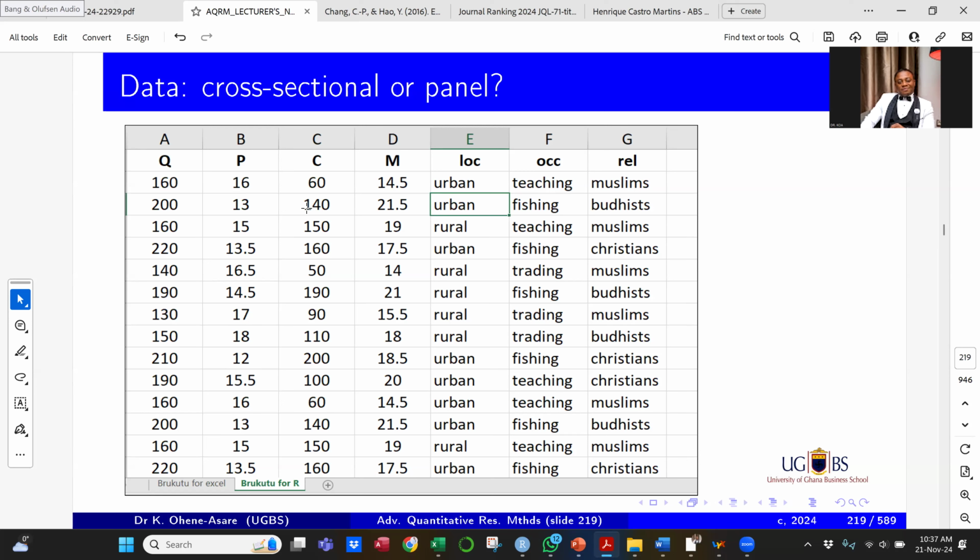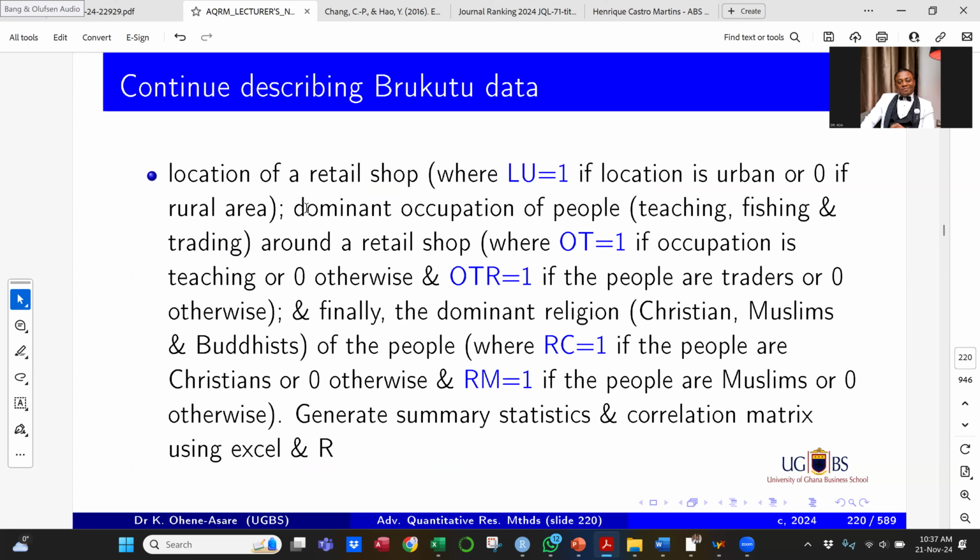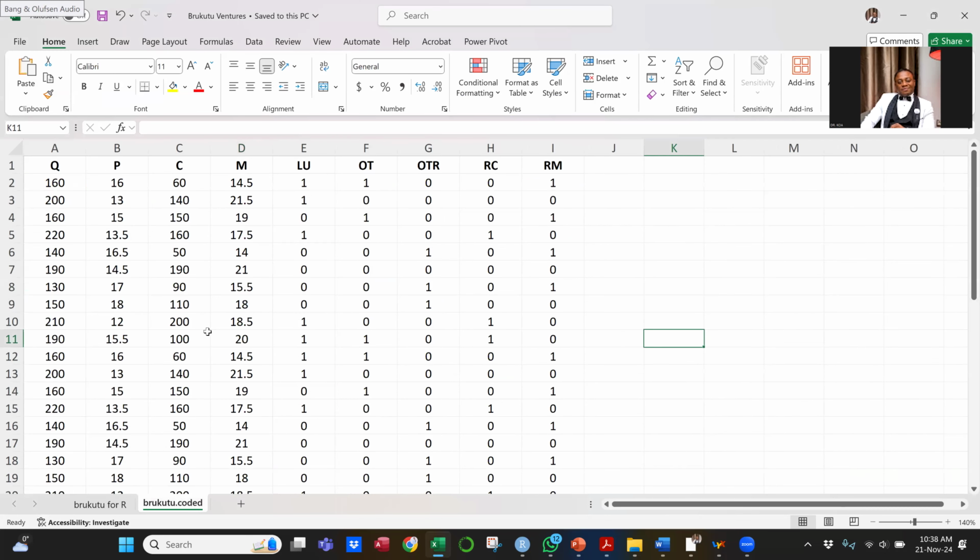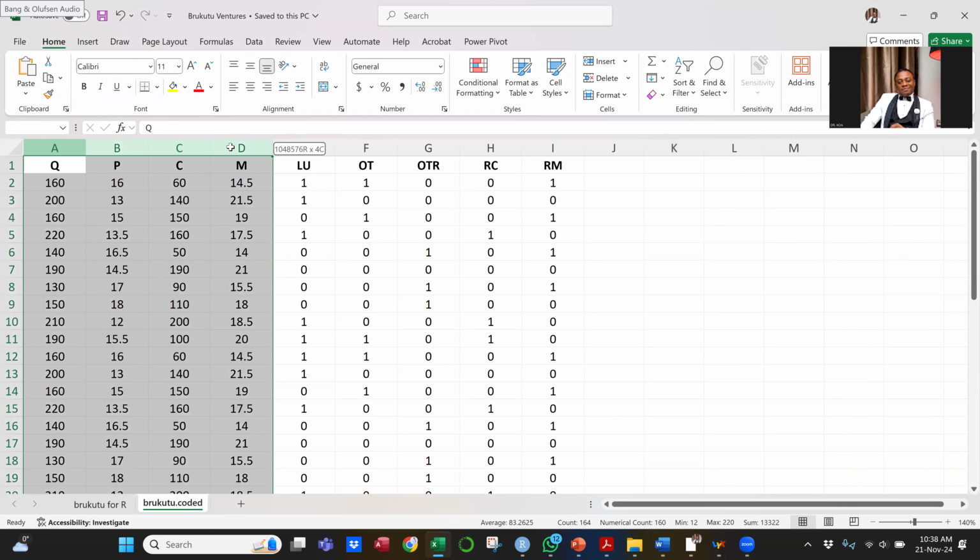Now, before you even go to causality, which we'll do next time, you want to look at correlation. But before you even do correlation, remember that the data can be coded. So when you go back to the Excel here, there's another sheet, which I call Brukutu coded. You can see that the first 4 variables are the same as the Brukutu for R here.